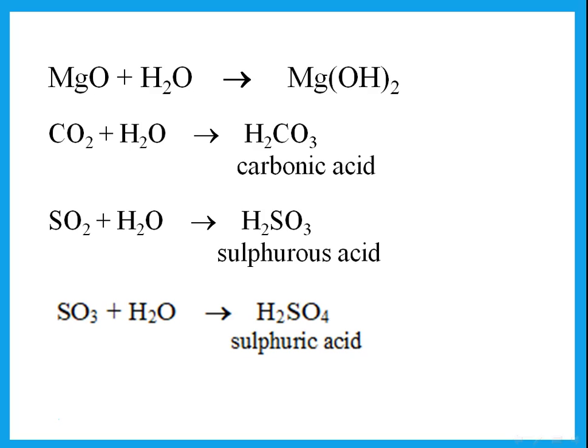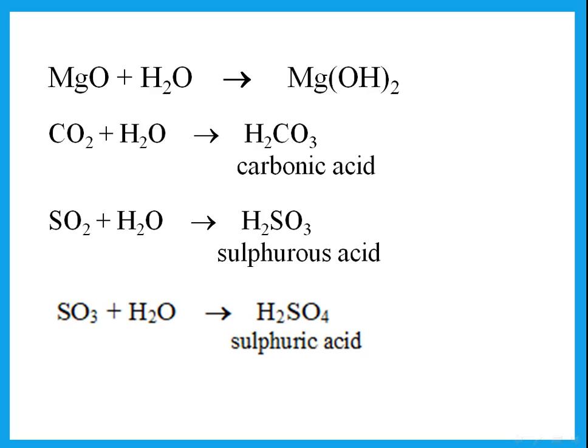Okay? So, magnesium oxide is basic. If I dissolve it in water, it forms magnesium hydroxide. Carbon dioxide is acidic. If I put it in water, it forms an acid. And you should know that when you dissolve carbon dioxide in water, the acid formed is carbonic acid. Sulfur dioxide in water forms sulfurous acid.